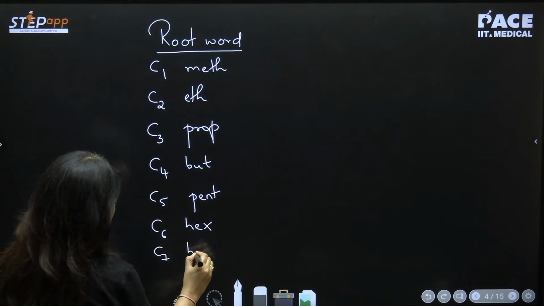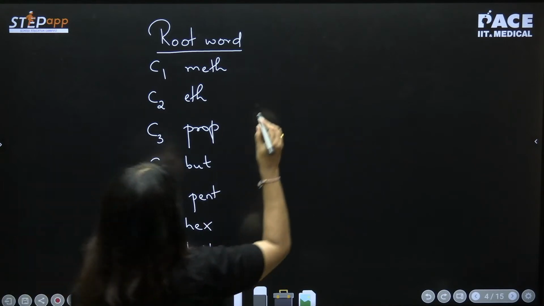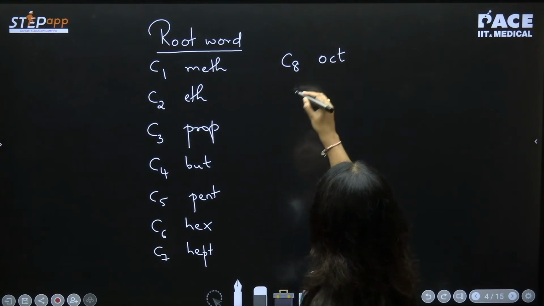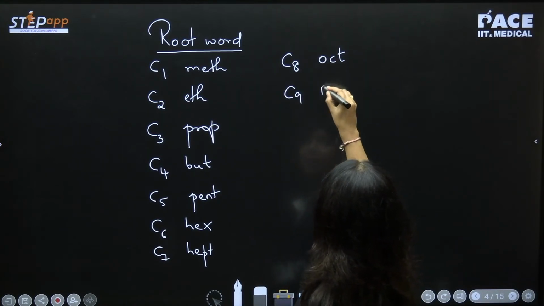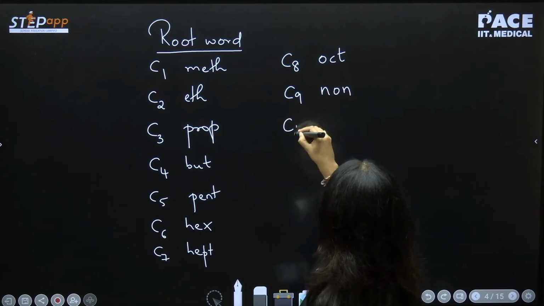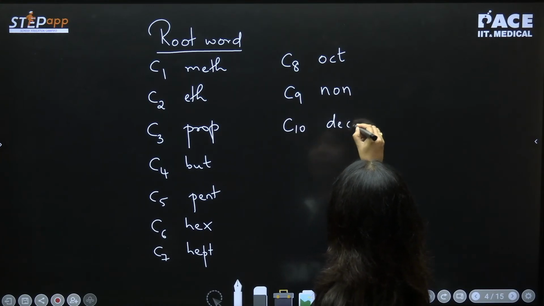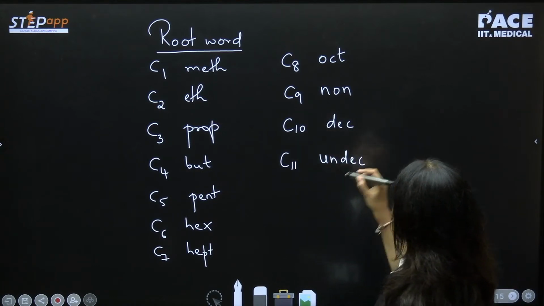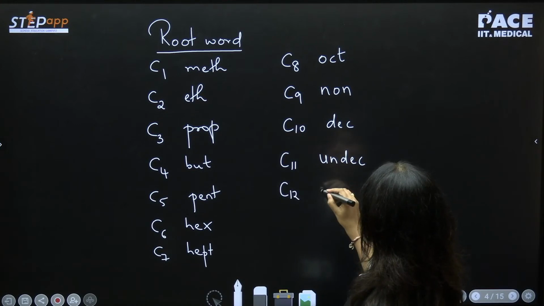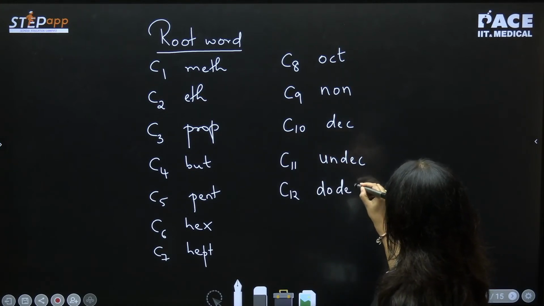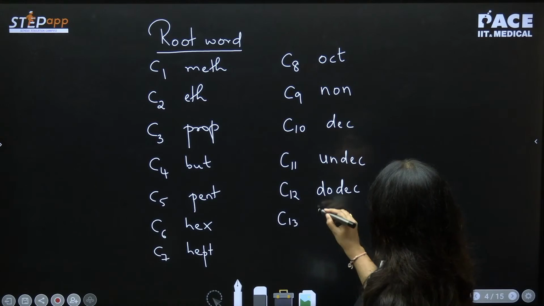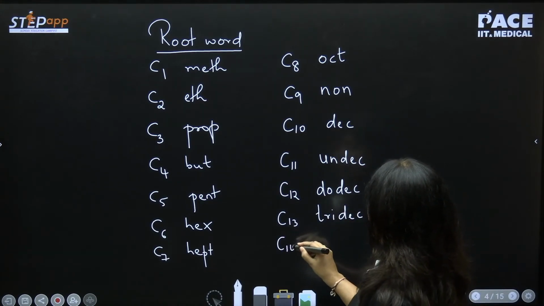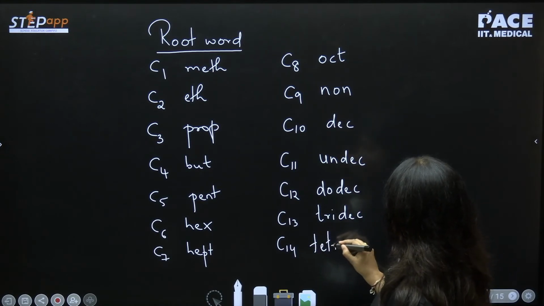7 carbons, hept. 8 carbons, oct. 9 carbon, non. 10 carbon, you have dec. 11 carbon, undec. 12 carbon, dodec. For 13 carbon, you have tridec. 14 carbon, tetradec.